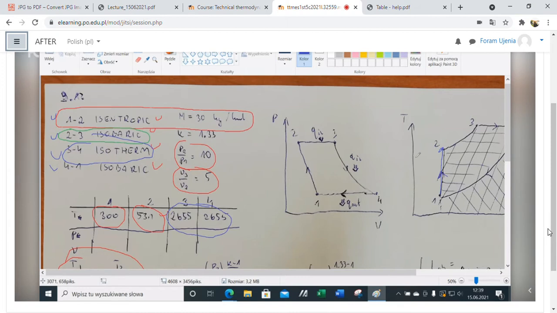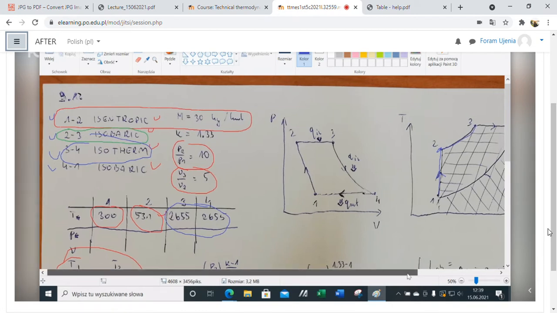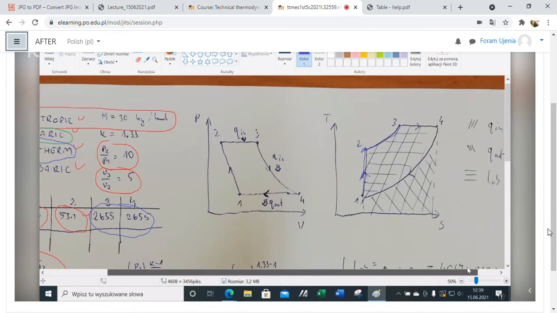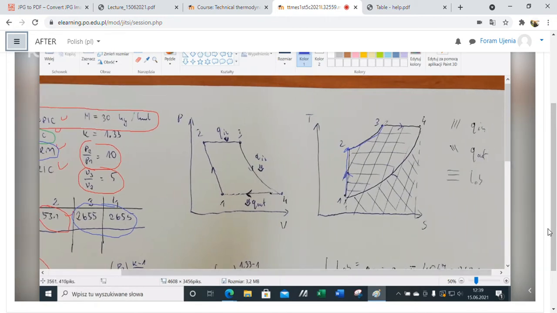Okay. Then we have isobaric. So the temperature increased to point number 3. Then it is isothermal transformation. So the temperature is constant to 4, and back to point number 1.